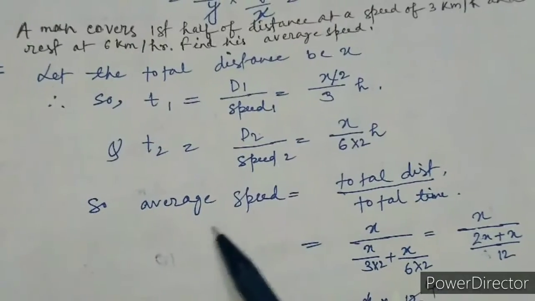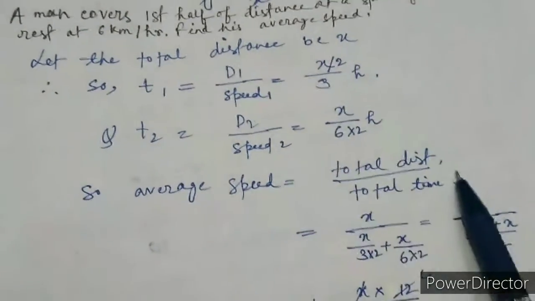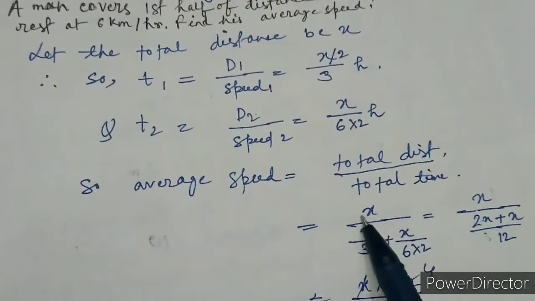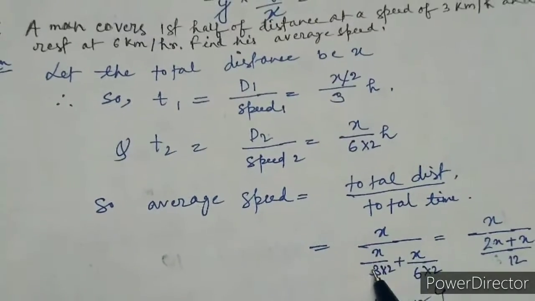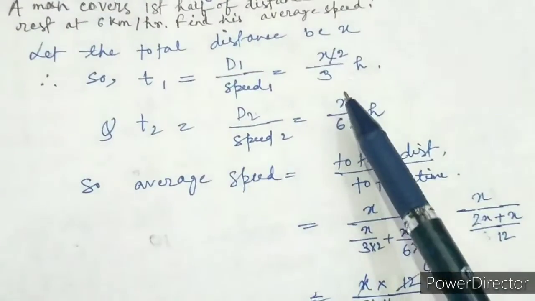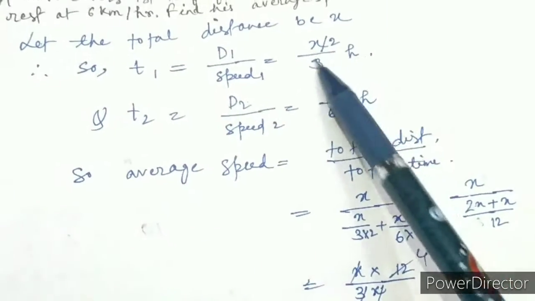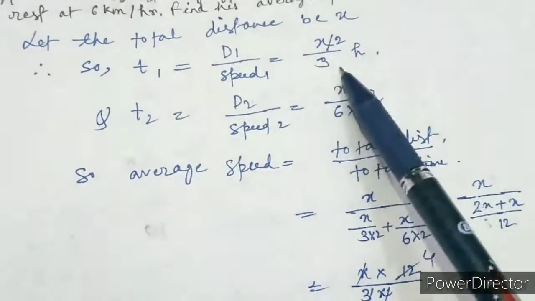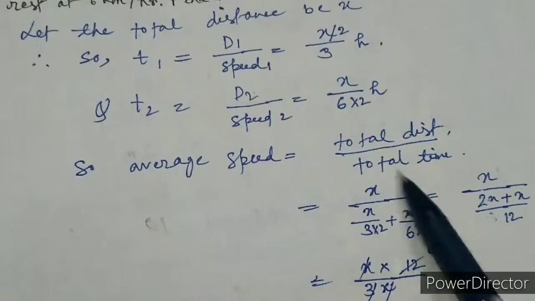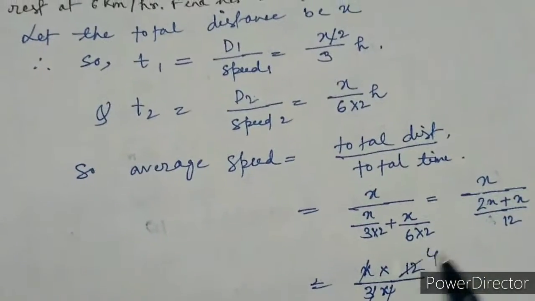Understood? Now the average speed will be total distance divided by total time. The total distance is x plus x, that is x. And the total time is what you have got, that is x by 2 into 3 plus x by 2 into 6.